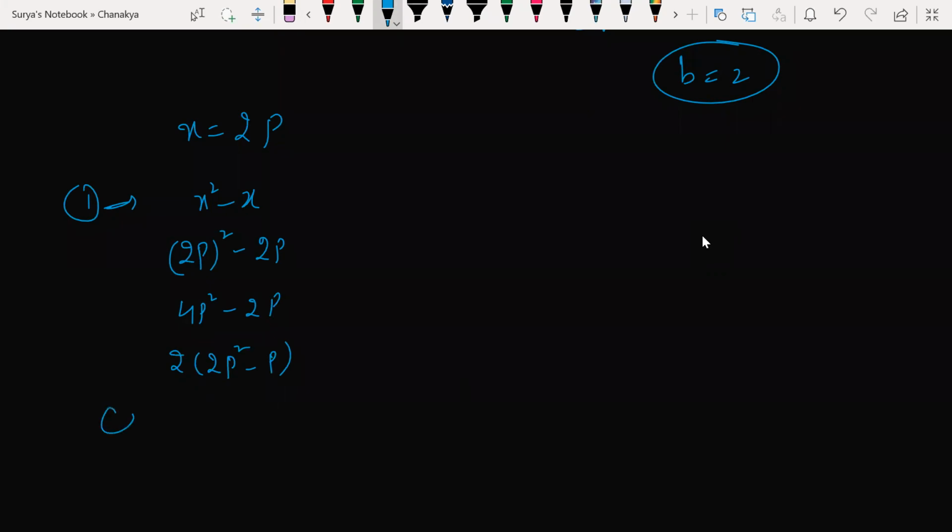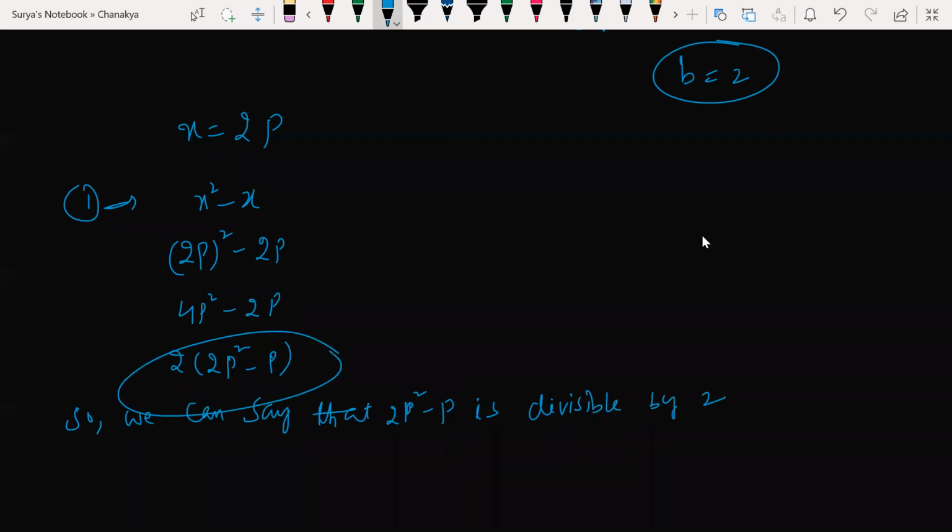So we can say that this is divisible by 2, correct? Is it divisible by 2 or not now? Yes, sir, it is divisible by 2. Very good. This is my case 1. Case 1 I took this.